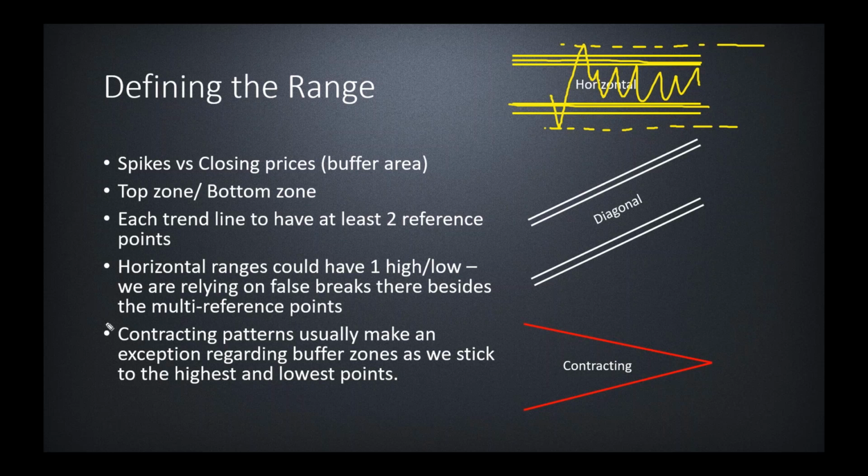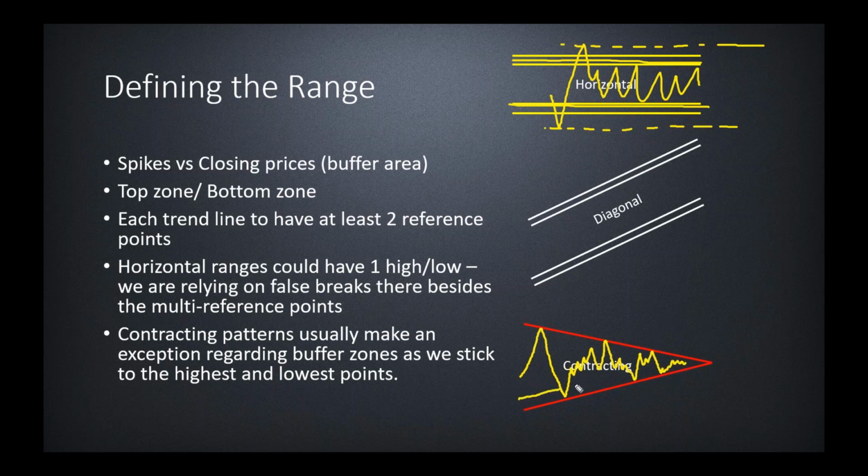And then we come to the contracting type of ranges, okay? This is where I usually would make the exception because most of the times I will be looking for the spikes and the highest or the lowest point inside this pattern.